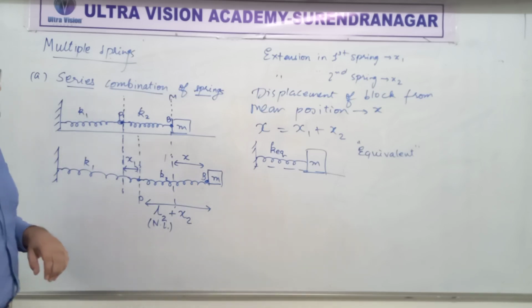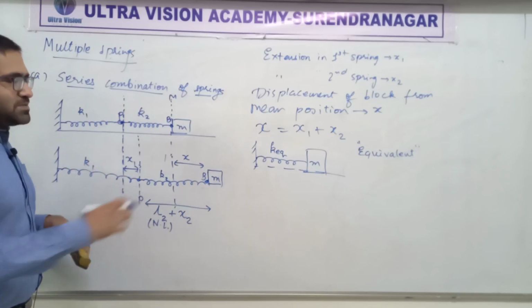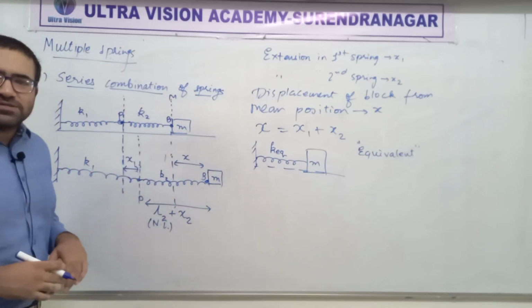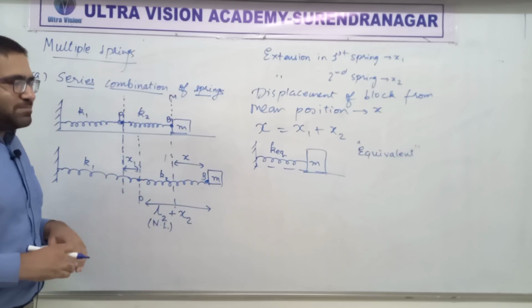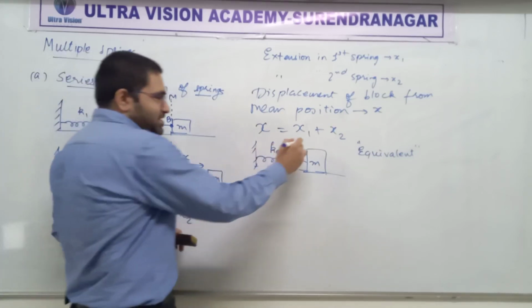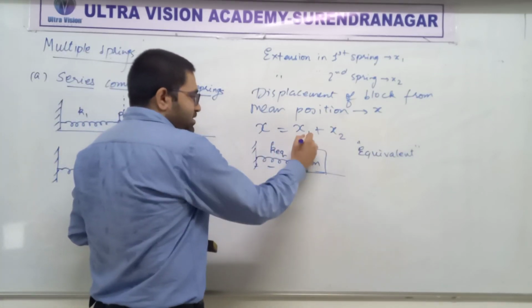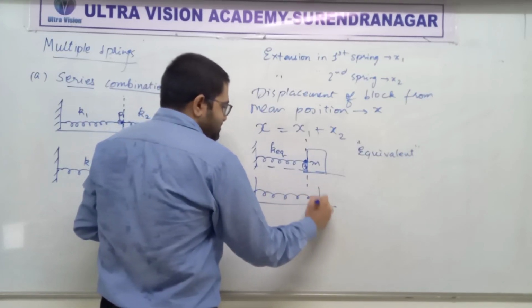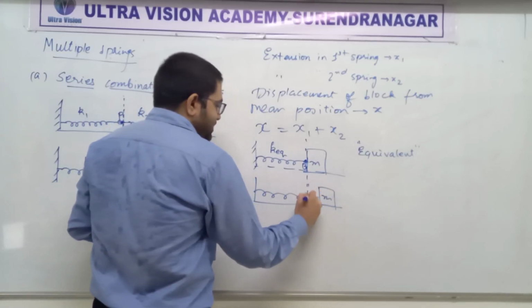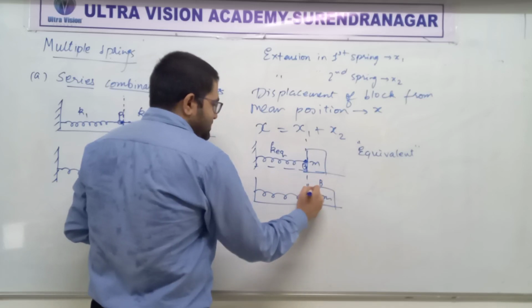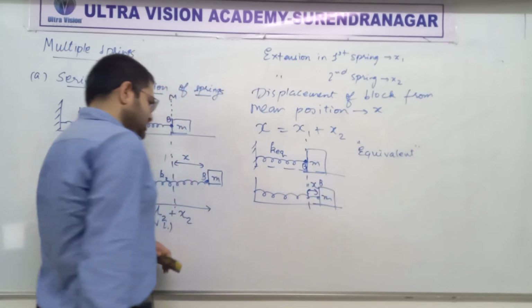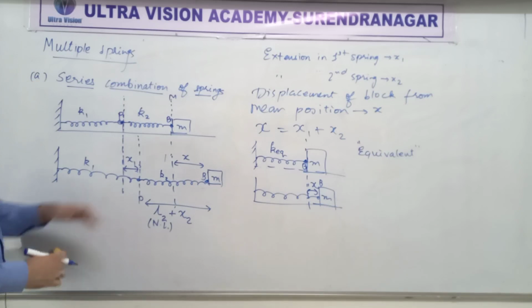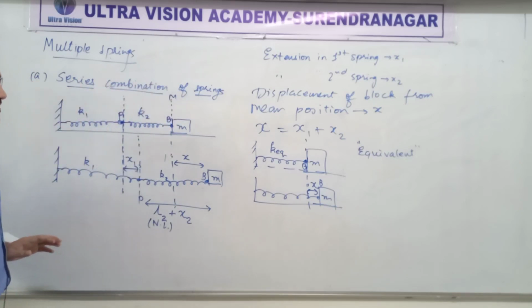Okay, so now what we'll say is, listen, because in the equivalent case everything should be the same. That is, if in the equivalent case the block displaces by a distance x, then the same thing should happen, right?